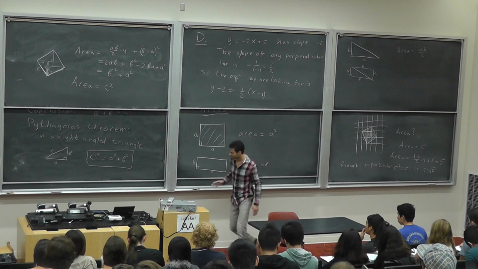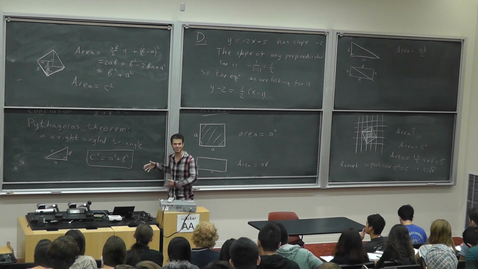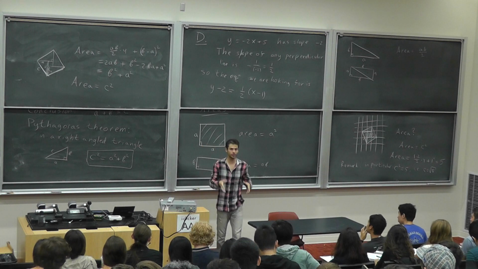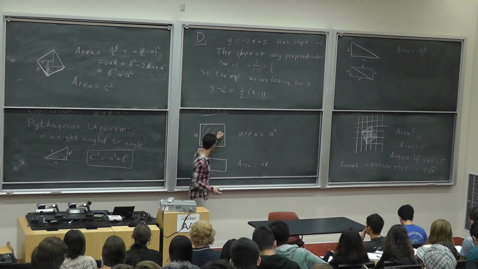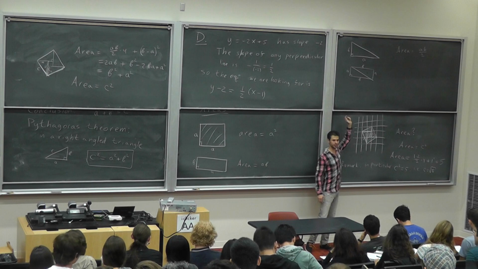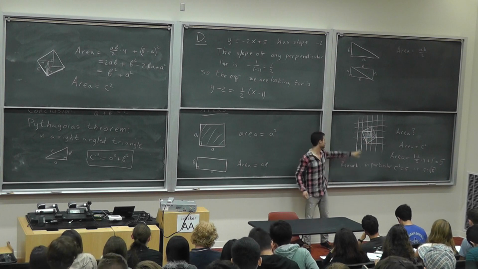What we did right now, we not only stated this fact, we have an explanation of this fact out of really basic things. Area of square, area of right angle triangle, and some simple subdivision like this.